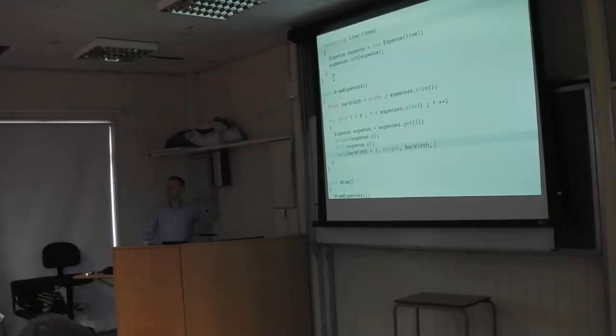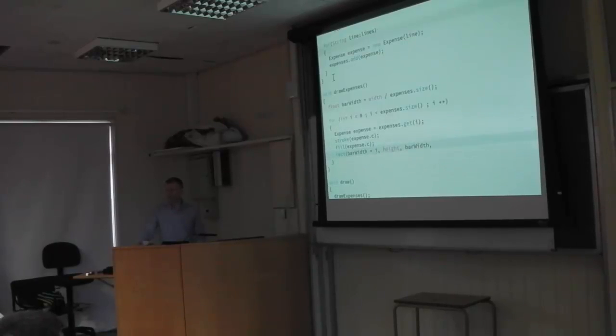Okay, so bar width is going to give me the width of the rectangle. The height of the rectangle will be? Could map it. Yeah, let's just do the really simple case first of all. Just pick height minus expenses. Actually, it's slightly confusing. The second parameter for rect is the height of the rectangle, so it's not the y coordinate, it's the height.